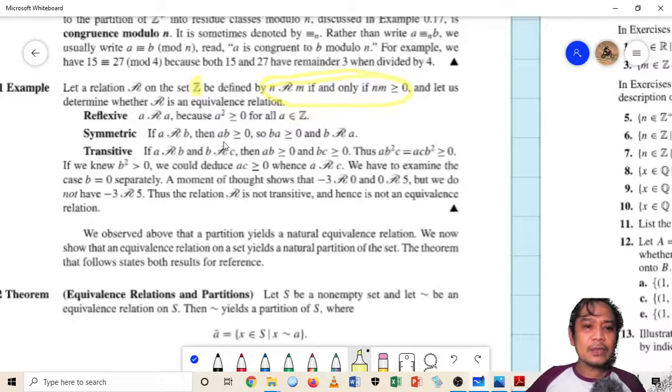But then it should also follow that B times A is greater than or equal to 0 because it is the same product.